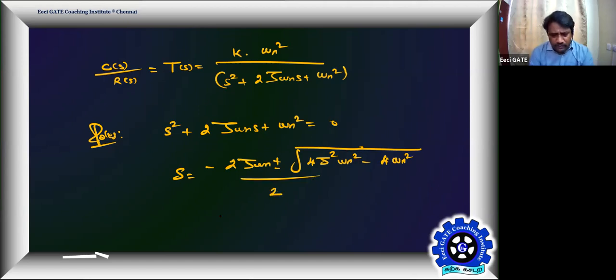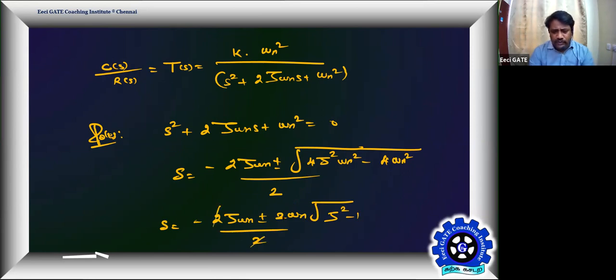That's where you get your roots. Hope you're following this. So minus 2 zeta omega n plus or minus; what is common? 4 omega n square can be taken out. Then out of the root, it becomes 2 omega n into root of zeta square minus 1, divided by 2, and this 2, this 2 get cancelled. Are you getting it?